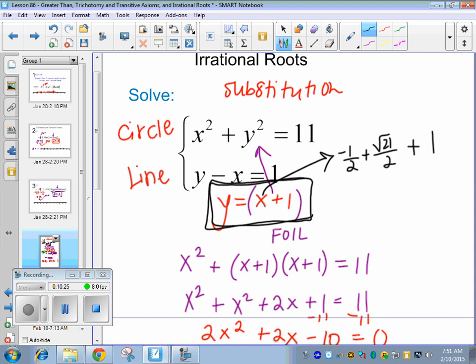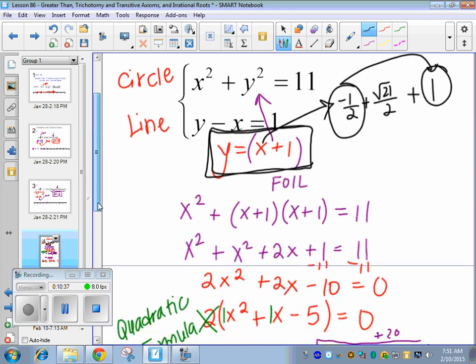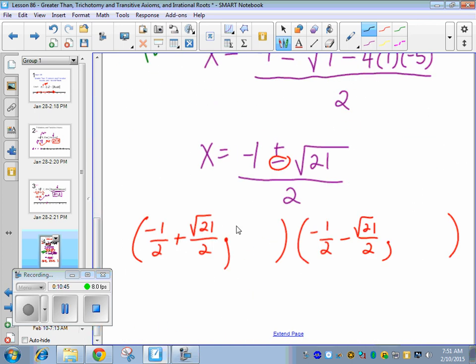Only the negative 1/2. Okay, you can't add the radical part together. So I'm going to add the negative 1/2 and the positive 1. What's 1 minus 1/2? It's 1/2. So we get 1/2 plus the square root of 21 over 2. So that's the y part of the coordinate down here. 1/2 plus square root of 21 over 2.